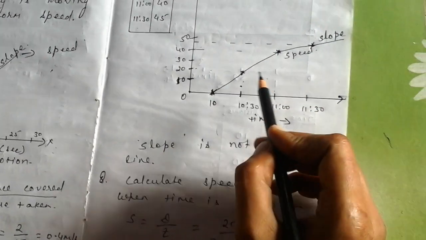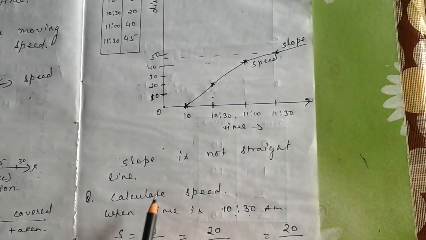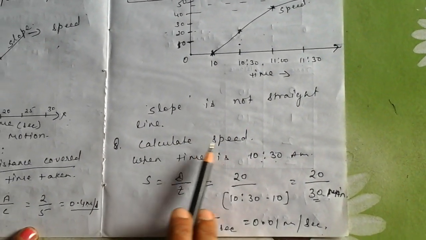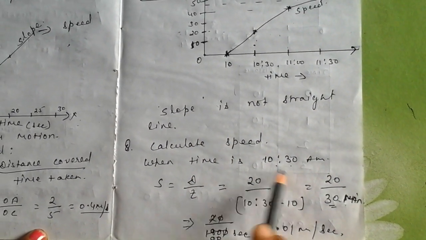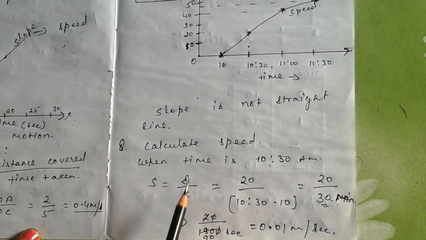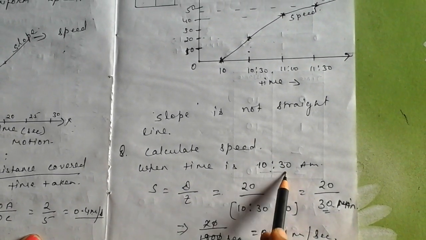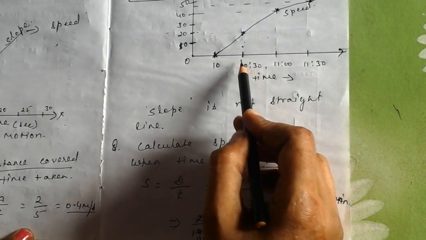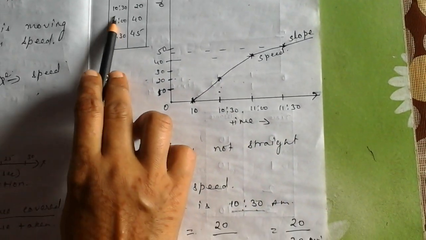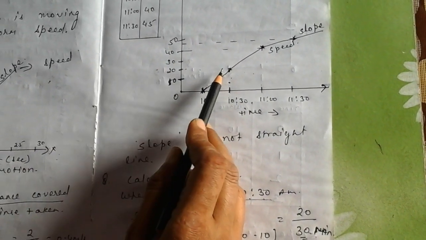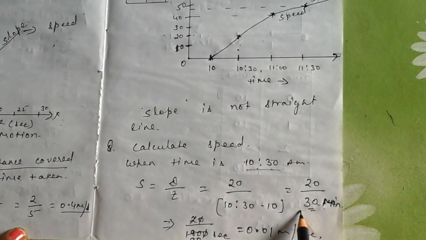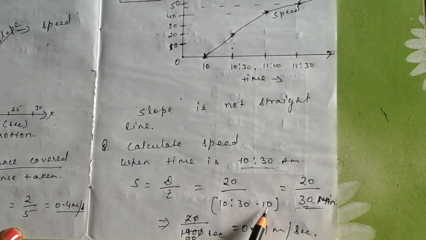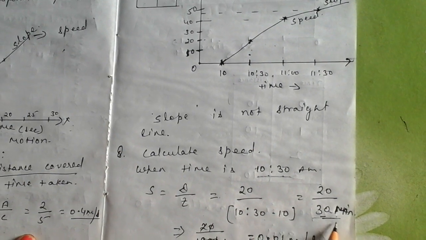How do we calculate the speed from this graph? Suppose the question is given: calculate speed when time is 10:30. We know speed is equal to distance by time. When time is 10:30, the distance covered by the body is 20 meter. So 20 by 30 minutes. See the difference between 10 and 10:30 is 30 minutes.